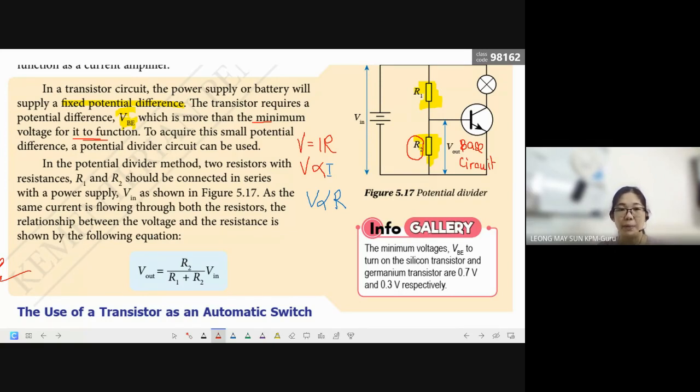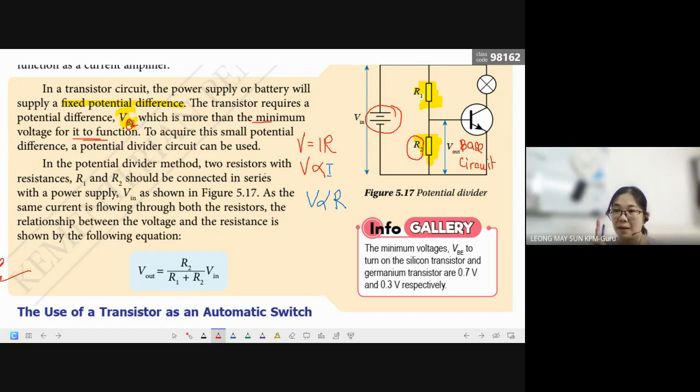V_BE stands for the potential difference across the base and the emitter. To acquire this small potential difference, a potential divider circuit is used. Why? Because there's only one power supply here. The previous circuits that we saw had two power supplies, but in figure 5.17 there's only one.